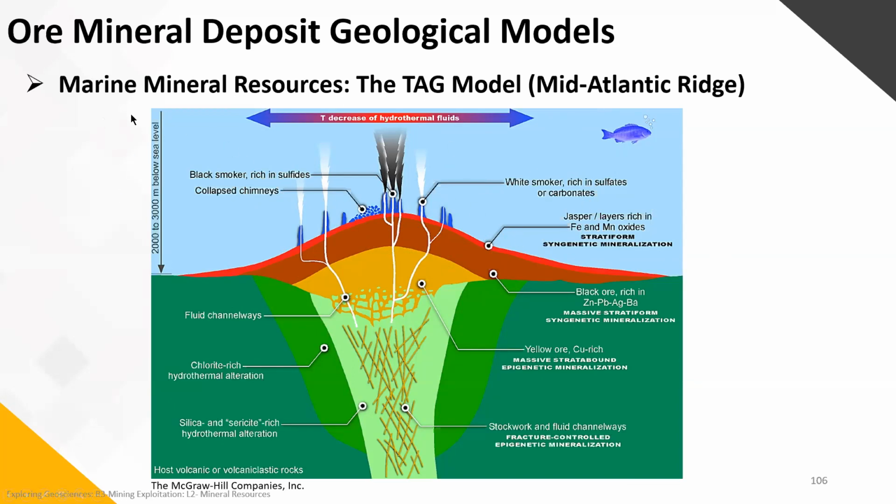So a lot of the marine mineral resource exploration helped in understanding the VMS deposits that we see on Earth, because down under the oceans we could see the process of this venting and of these metallic circulating fluids and how they would be treated.